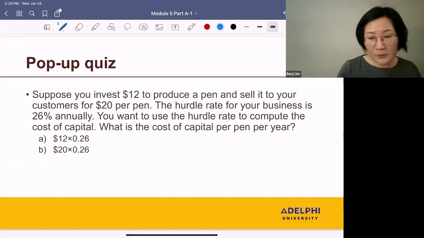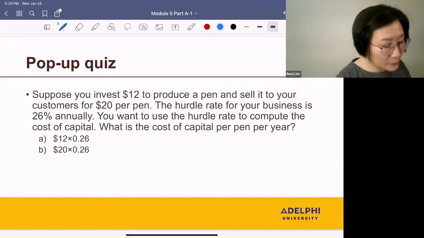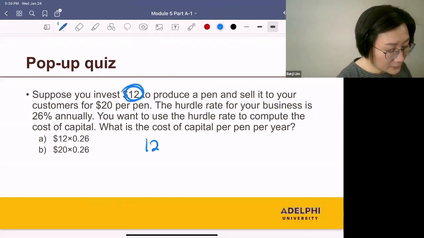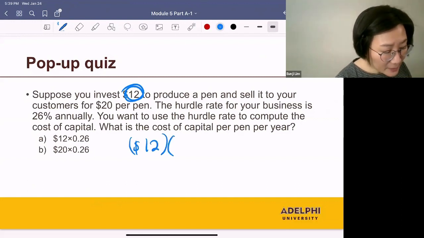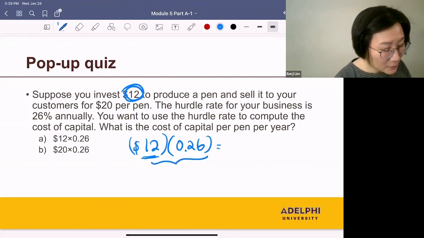What's the cost of capital per pen per year? So, how much do you invest to produce your product? That's $12, and the money you could have made by investing this is 26% of this. So that's the capital cost per pen per year.